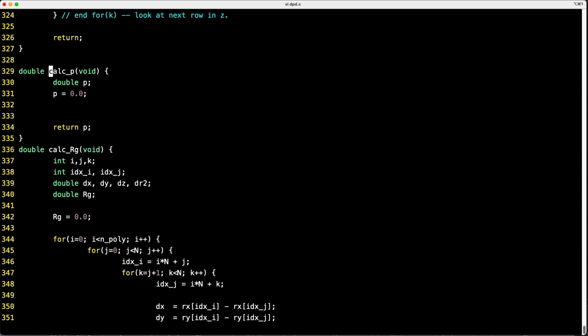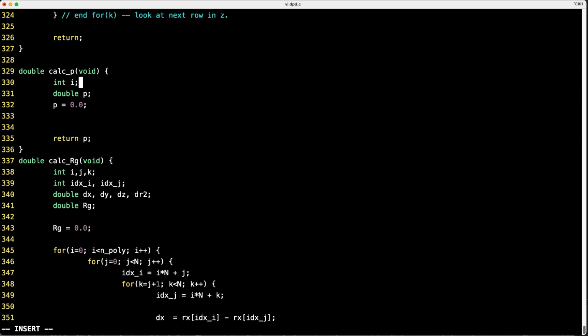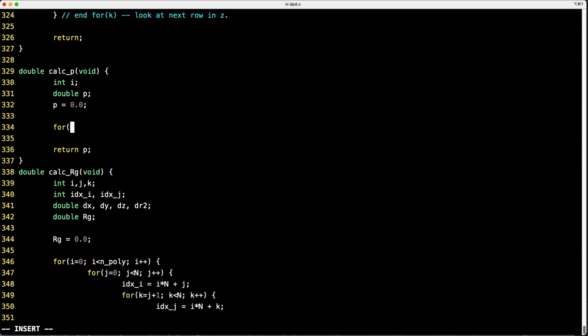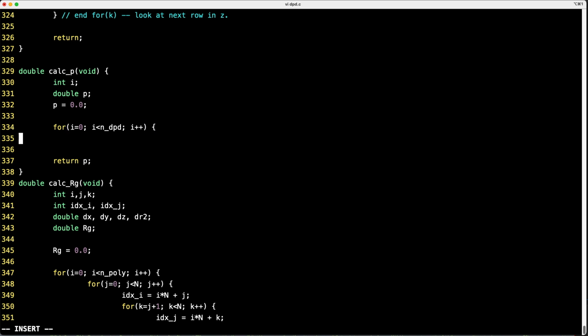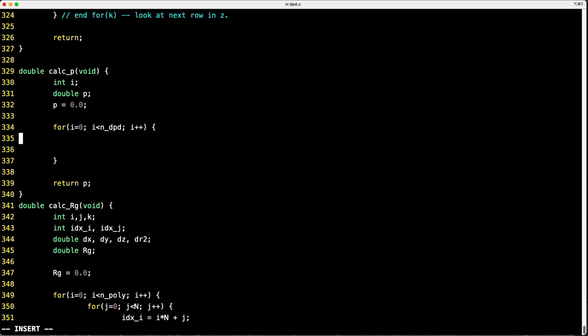Okay, so what do we want to do? Well, we just want to loop through all of our particles. So here we'll go from I equals 0 through all of the DPD particles. And let's say we calculate p squared first because that's easy.